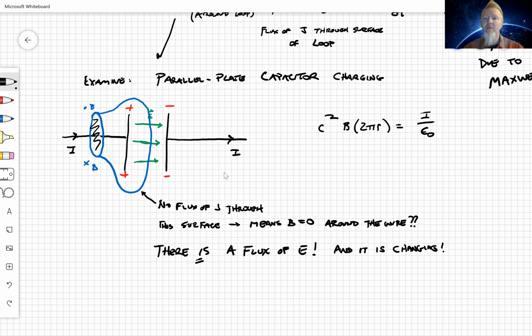Okay, so this would have told us right away that our B field, as we already know, is I divided by 2 pi epsilon naught c squared r. Okay, so this is the result I need to come away with if I choose this other wacky surface that isn't planar with the loop.